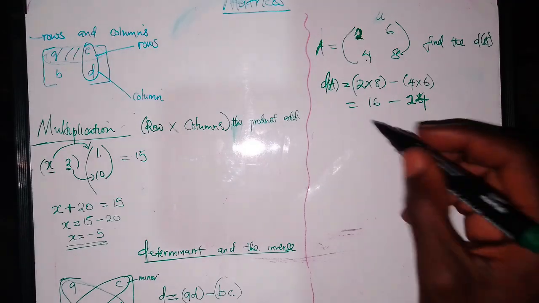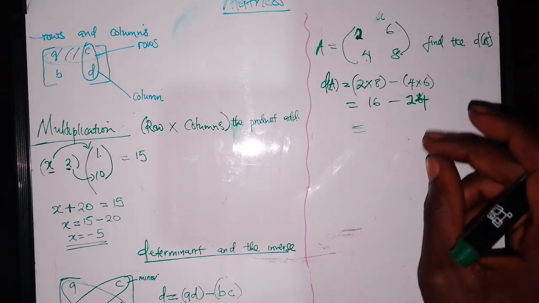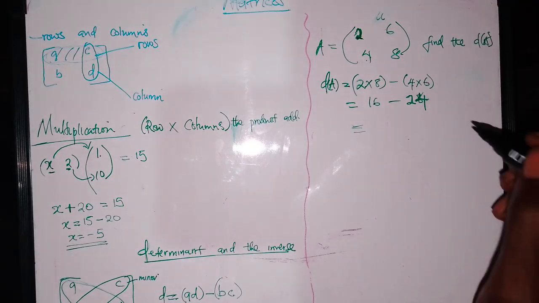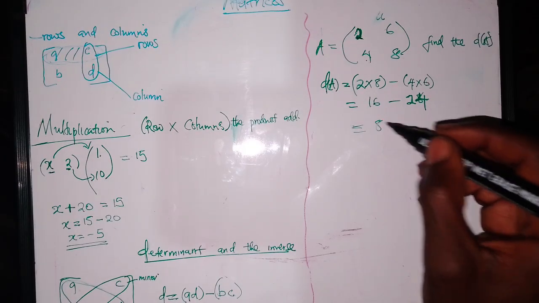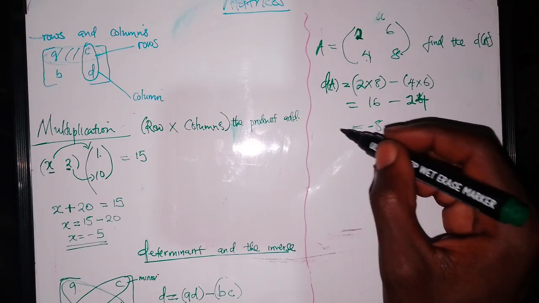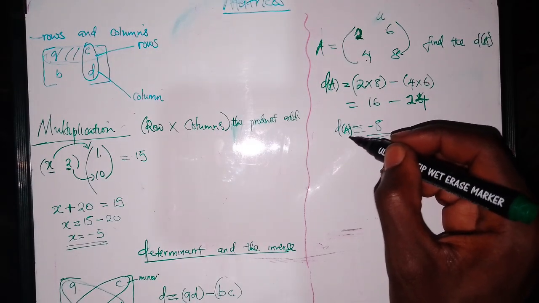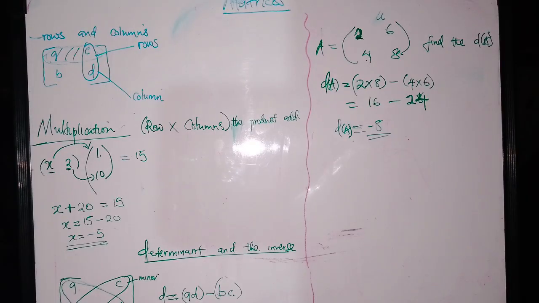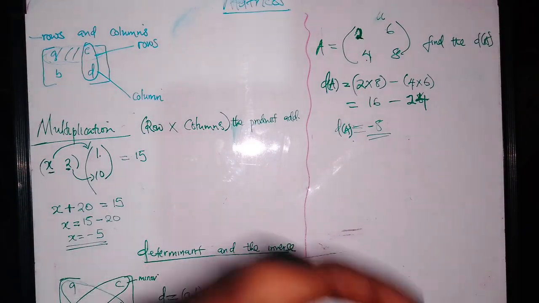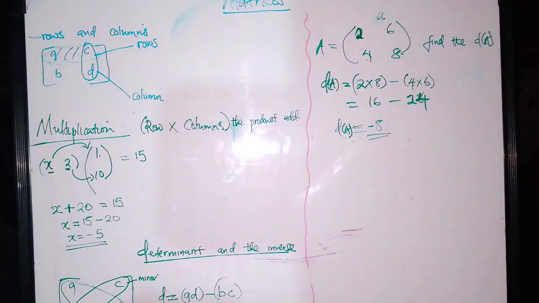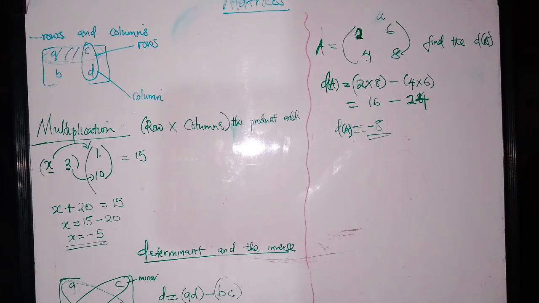If you subtract 16 minus 24, you find your answer to be negative 8 as your determinant for A. This is how we calculate the determinant of the matrix.